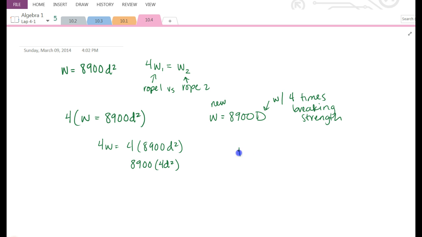How does D compare to 4D squared? Because they should be the same. Or I should say compared to the original D. Well, if this represents 4 times the breaking strength, then big D squared is equal to 4 times d squared.